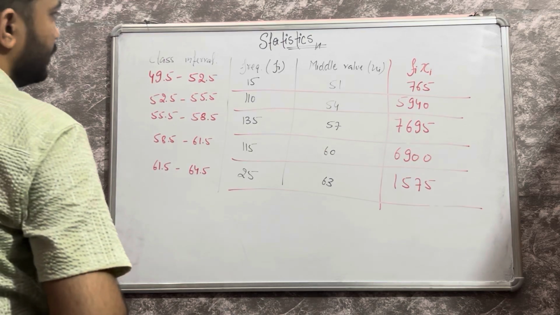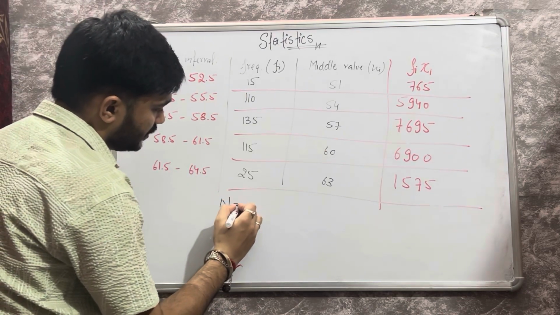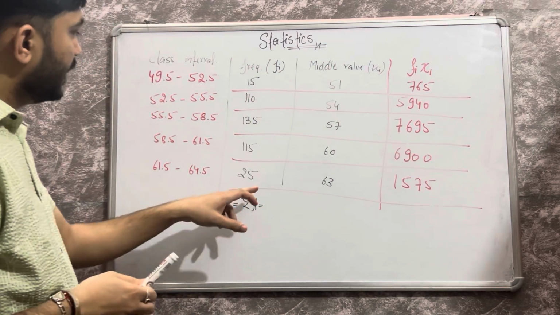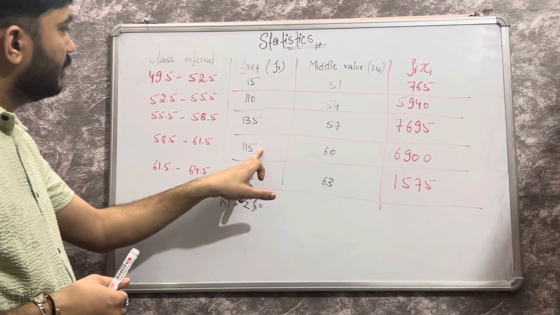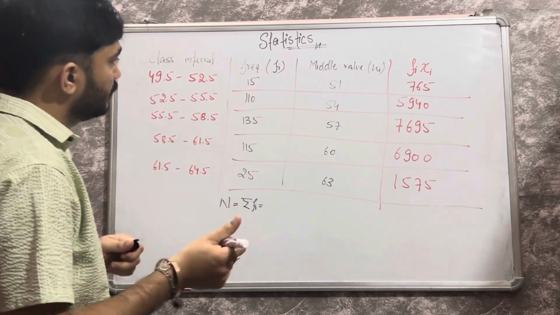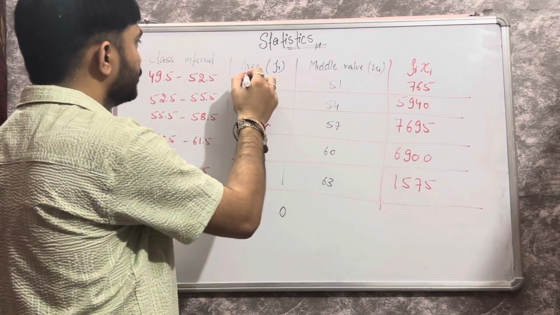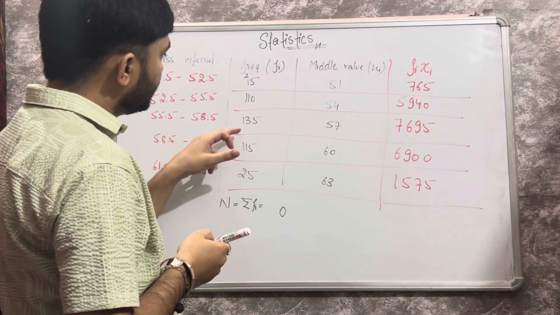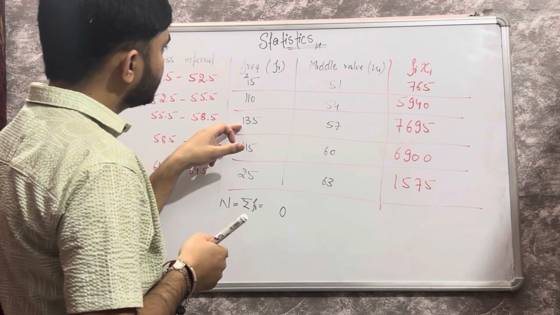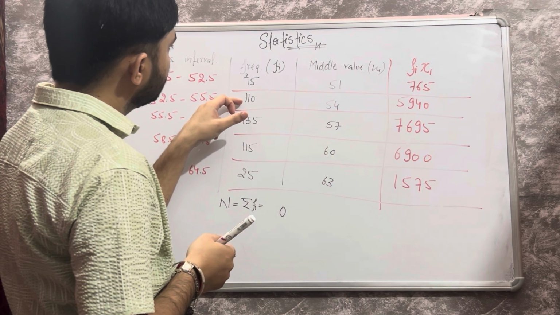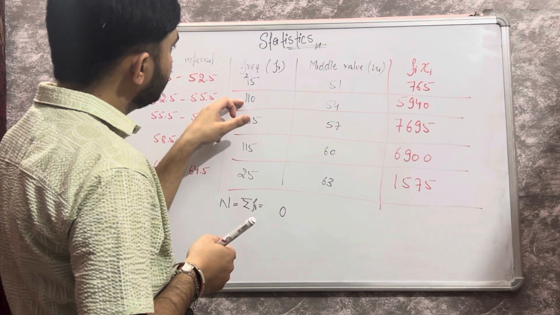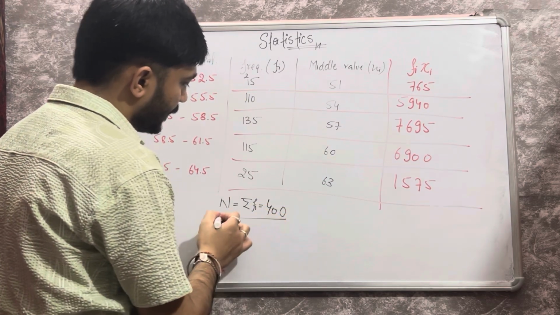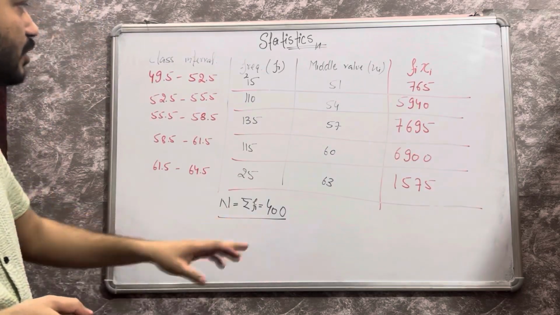Now let us find the value of n, that is the summation of fi. Now add these: 5, 5, 10, 5, 15, 5, 20, 0, 2 is being taken as carry. 2 plus 11, 13, 13 plus 13, 26, 26 plus 11, 37, 37 plus 3, that is 40. So the summation of fi is 400.